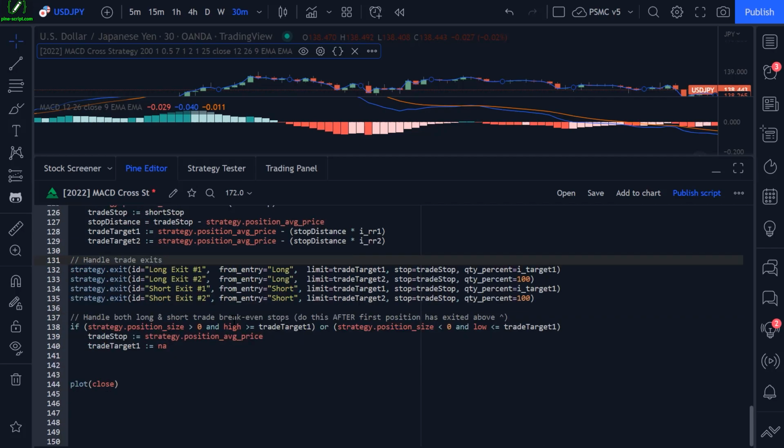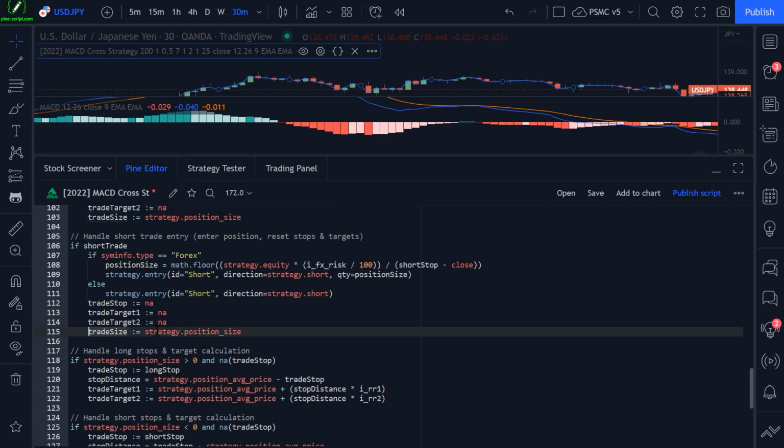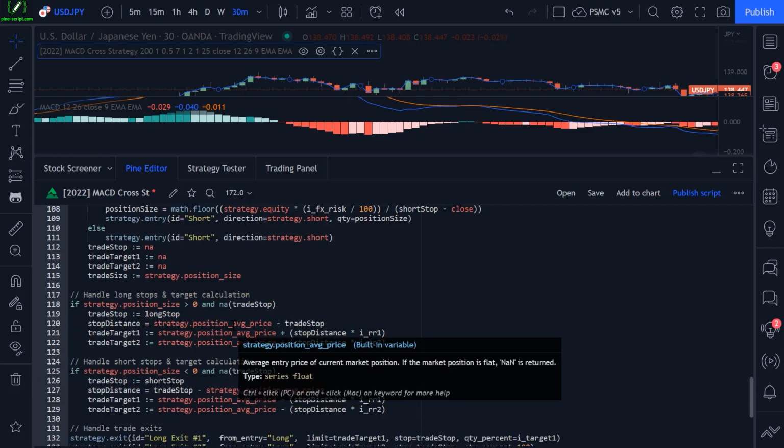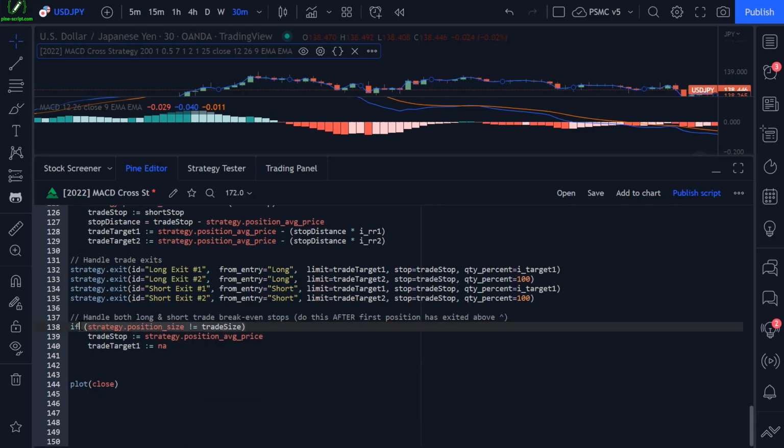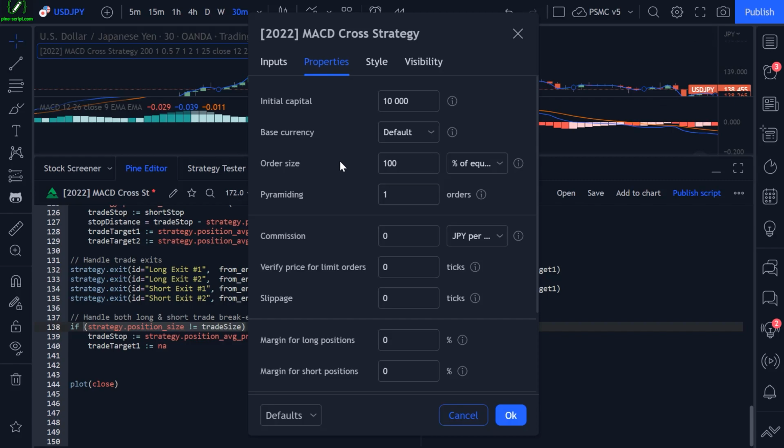So instead of checking if price hits our first take profit, I can get rid of all of this code and just say, if our current position size is not equal to our saved trade size, which is the position that was originally opened, then we have partially closed our position and we need to move our stop loss to break even. This is a much better way to achieve what I'm trying to do here, because that will, in theory, take into account slippage if this is turned on.